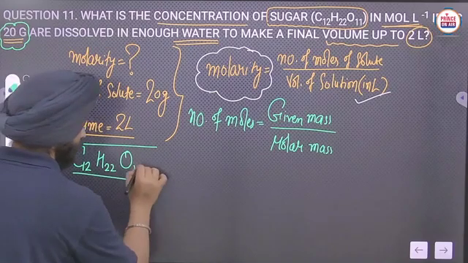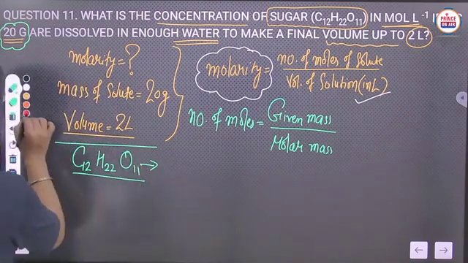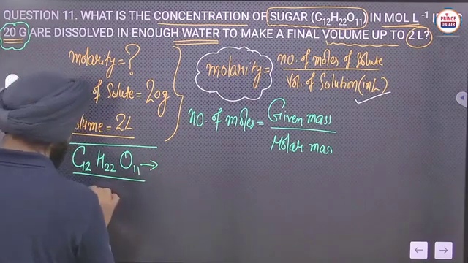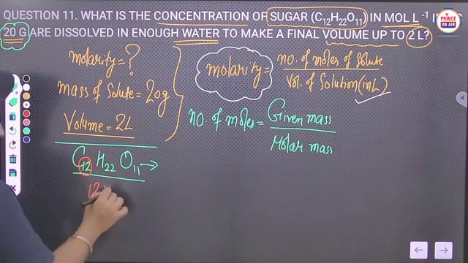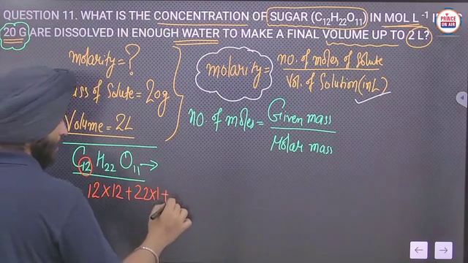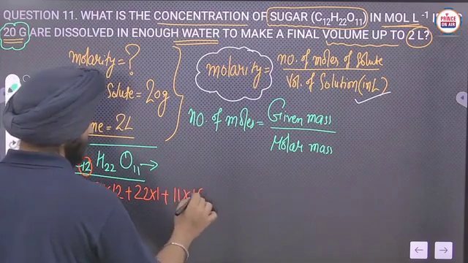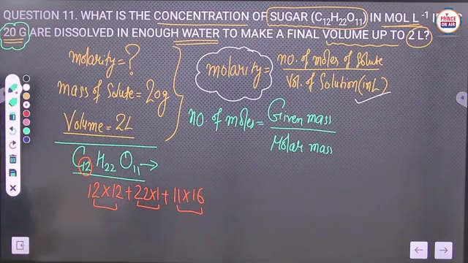Sugar is C12H22O11. So what will be the molar mass here? See, 12 into 12 plus 22 into 1 plus 11 into 16. Now just solve this value, and you will get the molar mass equal to 342.